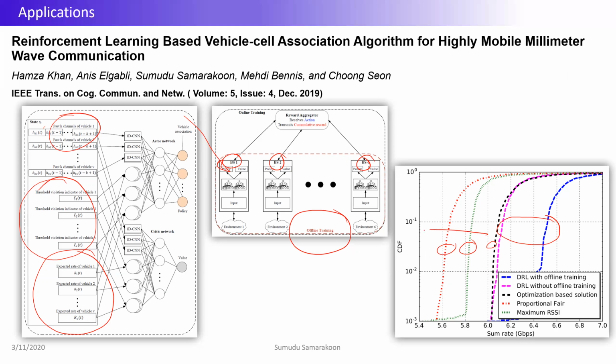All three of these baselines indicate poor performance in terms of maximizing the data rate at the vehicles.